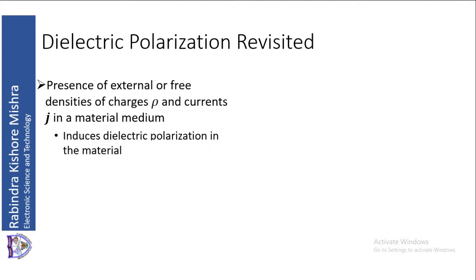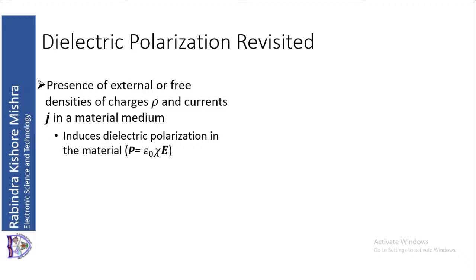Once you impress a source, the source impresses a field, and because of the field the molecules are oriented in a particular fashion. So this induces dielectric polarization in the material. What induces it? The presence of rho or J, either charge or current. So what is dielectric polarization, capital P?